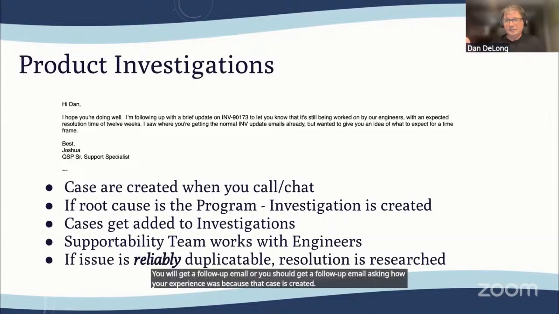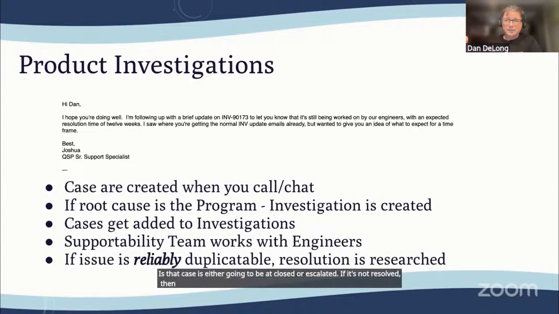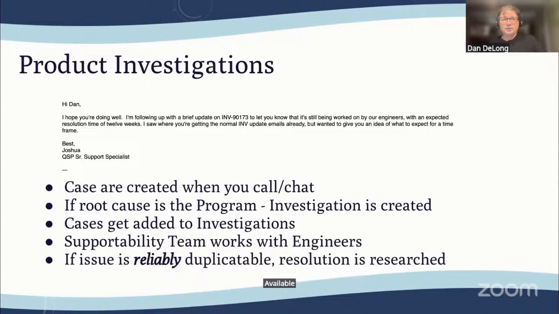They do want to strive for first call resolution, so that case is either going to be closed or escalated. If it's not resolved, then the case gets escalated, and that case will then get assigned to a product investigation if there is already one available. And that's typically where you would hear, oh, this is a known issue.